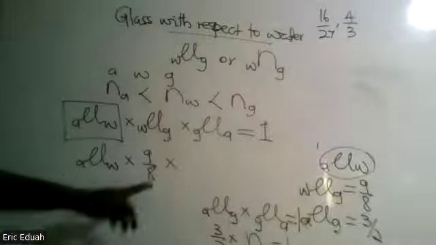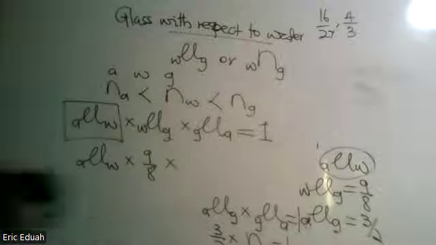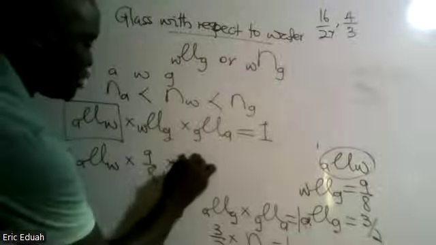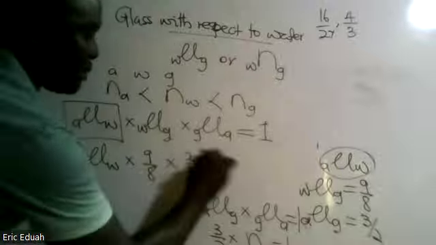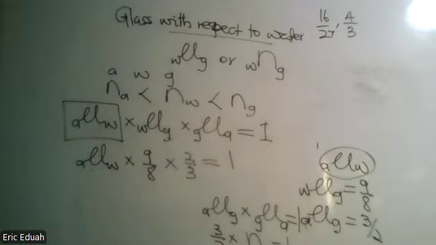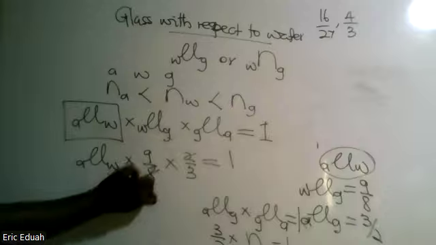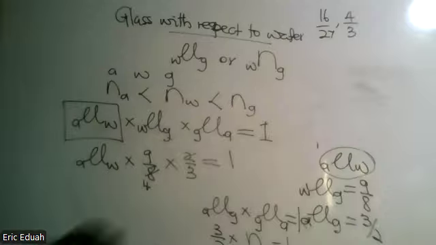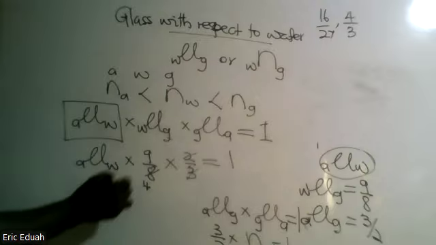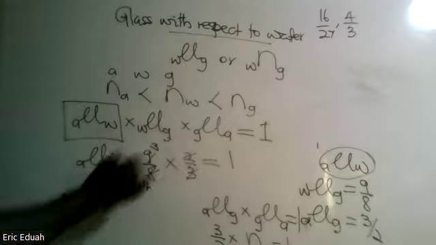Substituting into the equation, 2/3 times the other terms must be equal to 1. 2 goes into 8, 4. 3 goes into 9, 3.